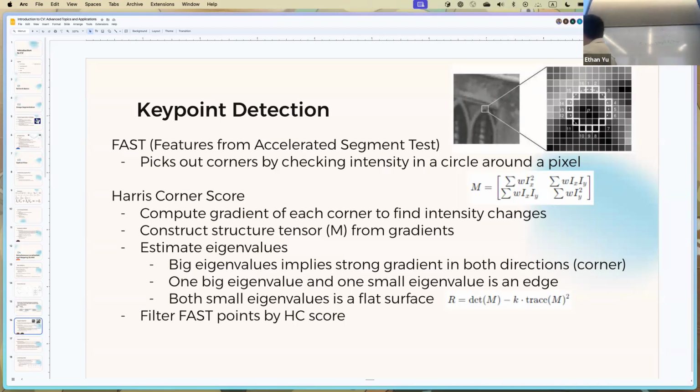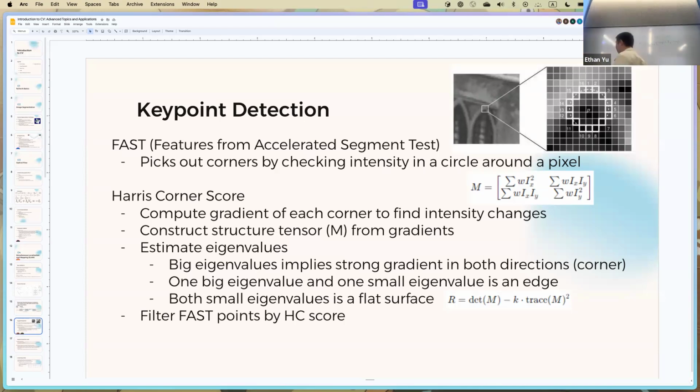And then in order to solve this matrix, I don't know how much you guys know about linear algebra, but the eigenvalues of this 2x2 matrix are going to tell you how much you change in those directions. The eigenvalue gives you an approximation for how much your intensity changes in those directions. But actually calculating eigenvalues takes a while. So we can estimate the eigenvalues by calculating R. R here is the determinant of the matrix minus K times the trace of the matrix squared.